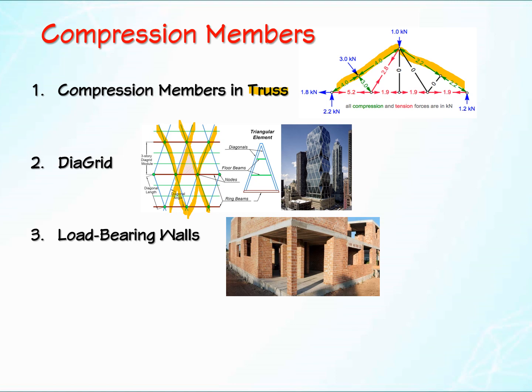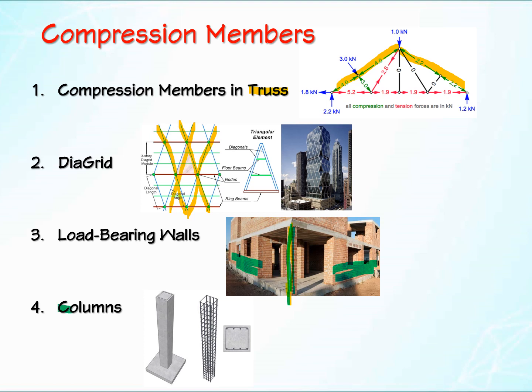And there is a load bearing walls. In this picture, this column is actually compression member, but we'd like to look at the walls. Walls are load bearing in this application, and they are compression members.